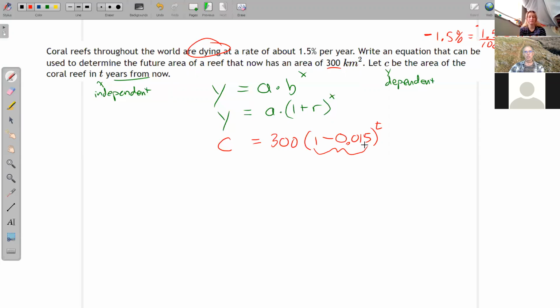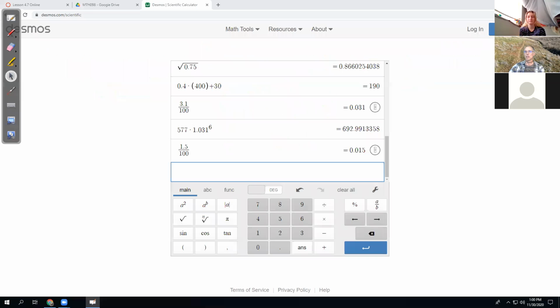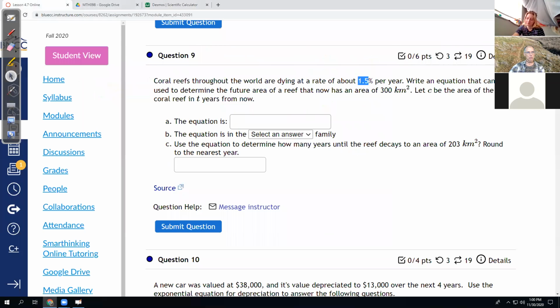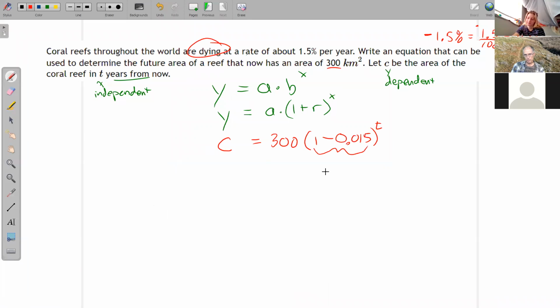I'm definitely going to ask my calculator for help on that one. I don't want to mess it up. 1 minus 0.015 gives me 0.985 as my new base. So 985 thousandths. Okay, so there's my cleaned up formula that we're going to play with.